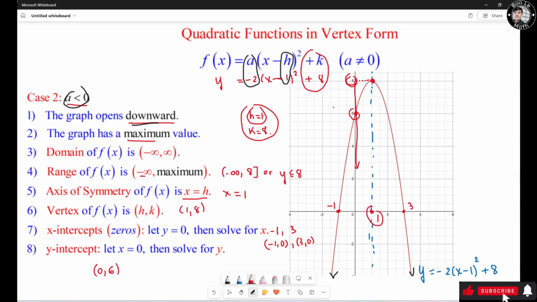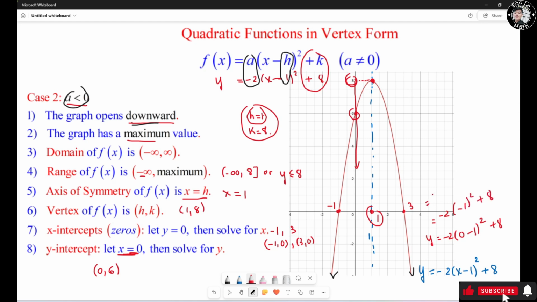Alright, so now let's let x equal 0 to solve for y to see if we get the same y-intercept, right? x equals 0, so we have y equals negative 2 times (0 minus 1) squared plus 8, right? So it's going to be equal to negative 2 times (negative 1) squared plus 8, right?